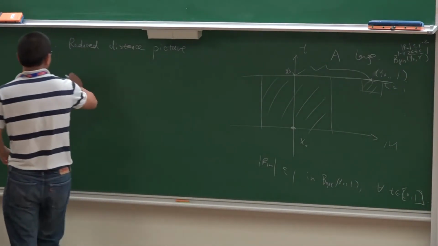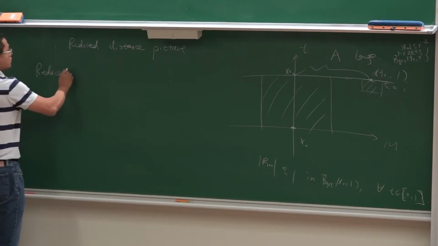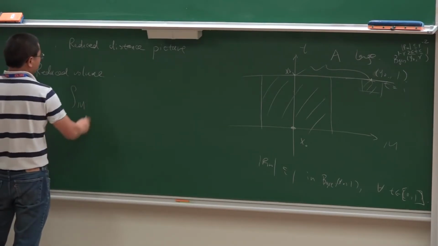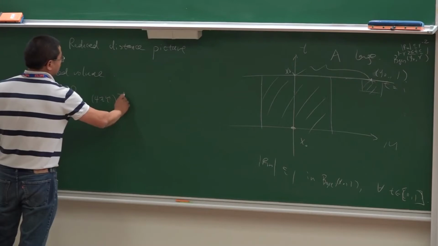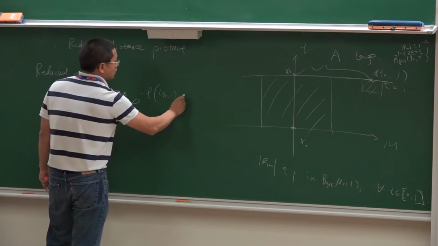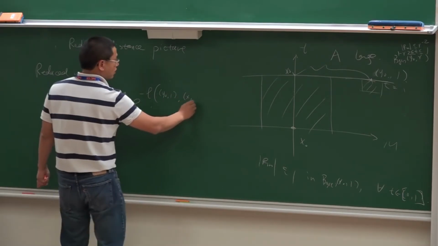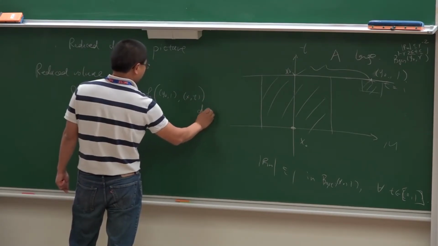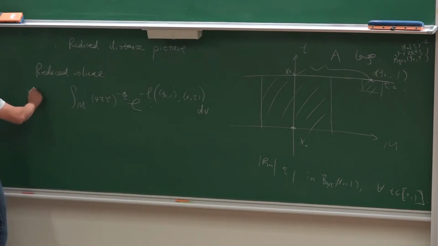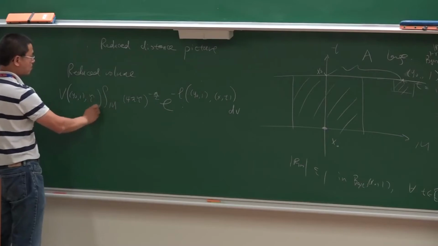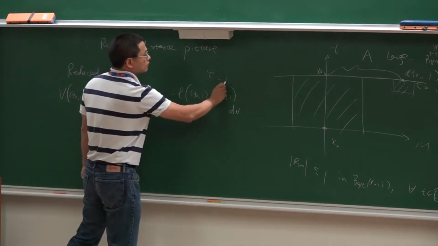Let's recall what the reduced volume is. The reduced volume defined by Perelman is the integral of (4 pi tau) to the power negative n over 2, times e to the negative l from y0, 1 to x, at time t, dv. This is the reduced volume based at the point y0, 1 with the scale tau, where tau equals 1 minus t.